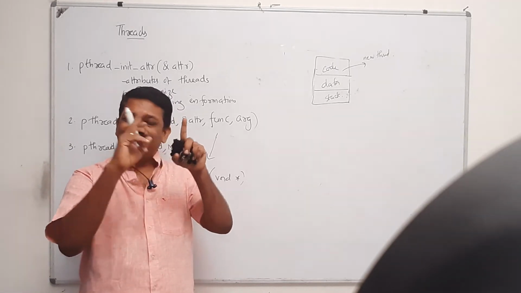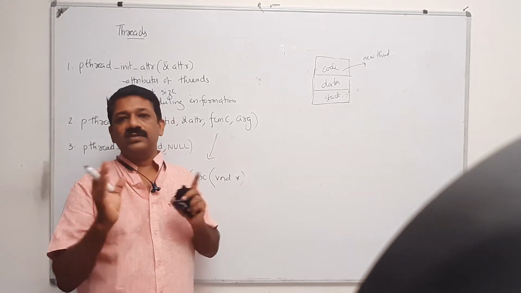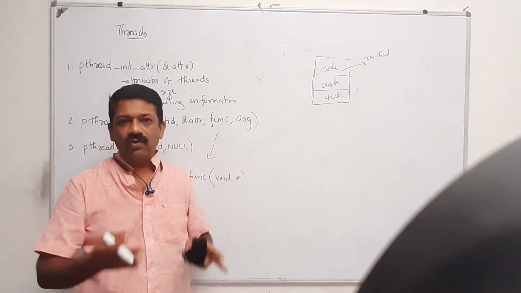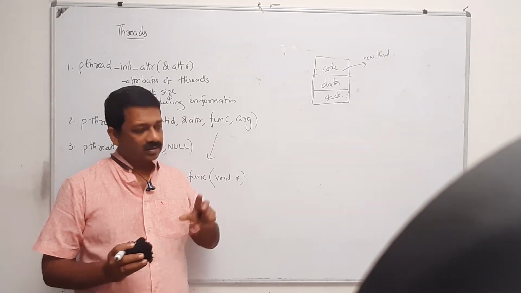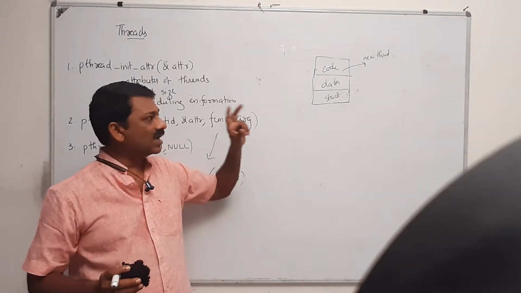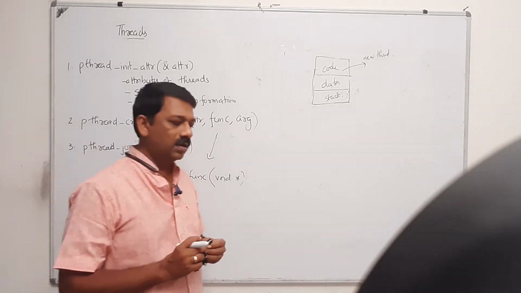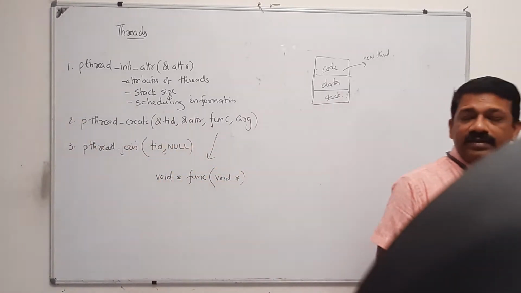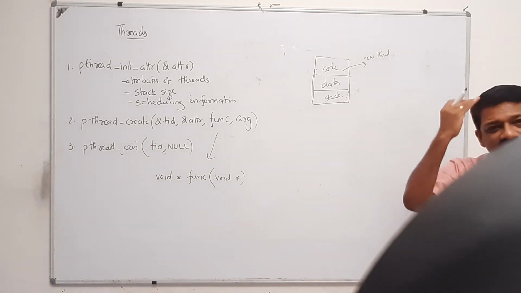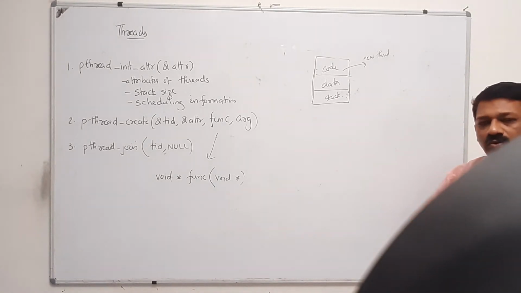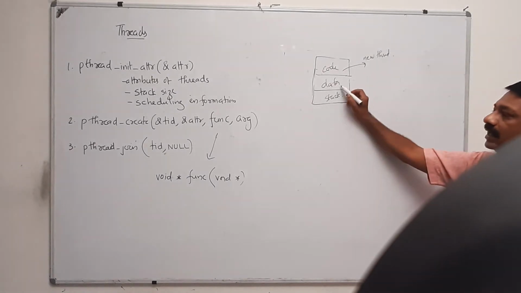Then the data is different for all these threads. The same code is executed, but there are differences. You should note that the code area is the same, no difference for code, but the data area is different.